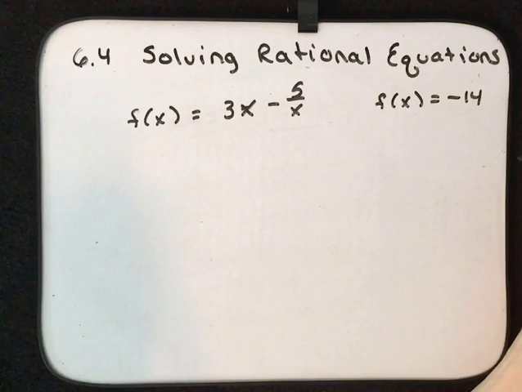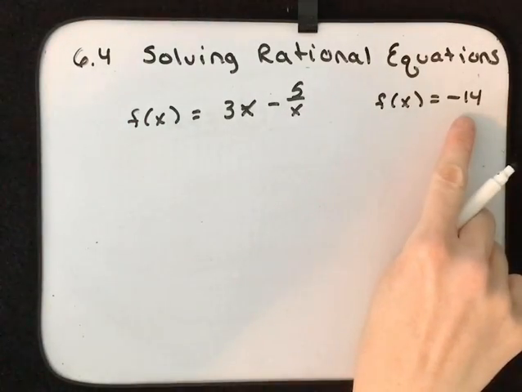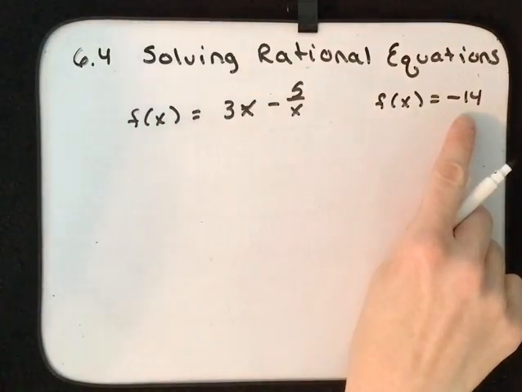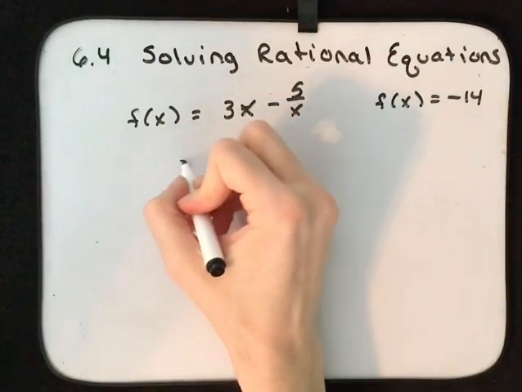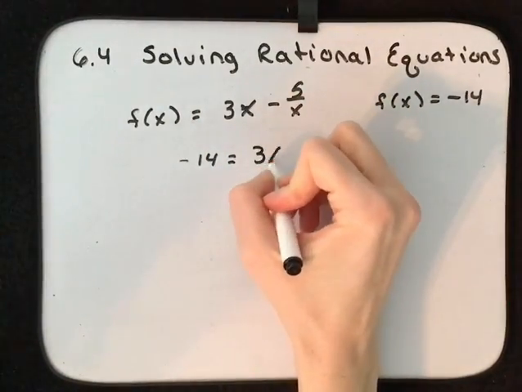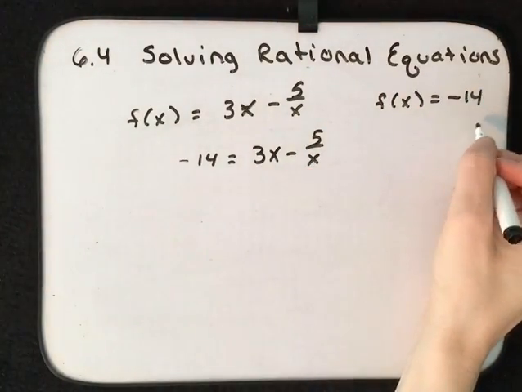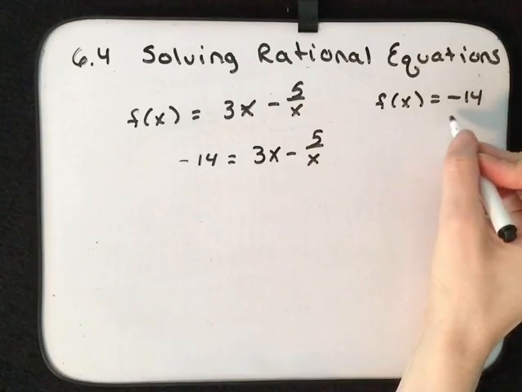So what that means is, see if you can find where f of x is going to be negative 14. So in other words, negative 14 equals 3x minus 5 over x. So we want f of x to equal negative 14.